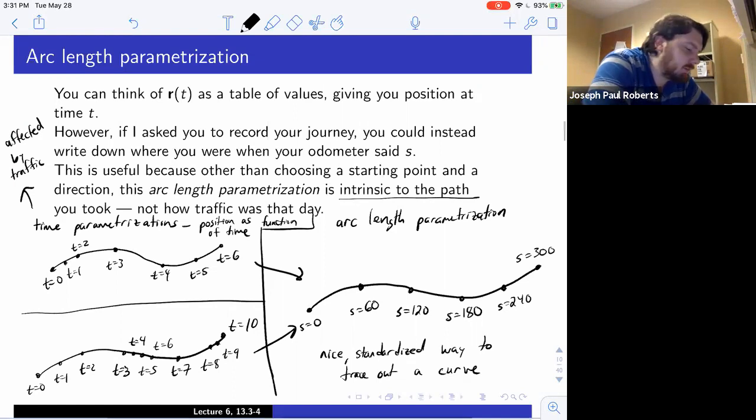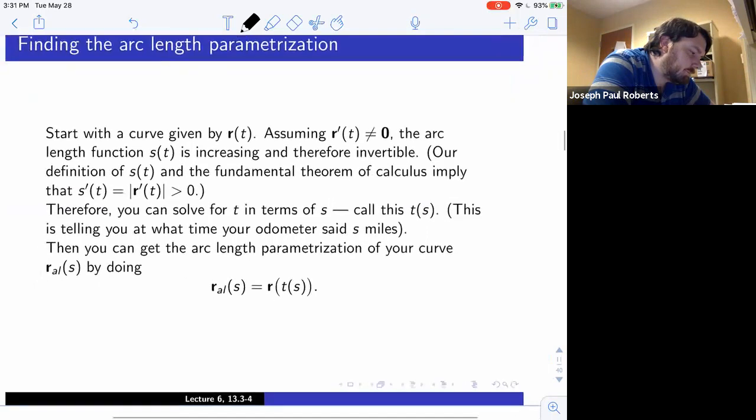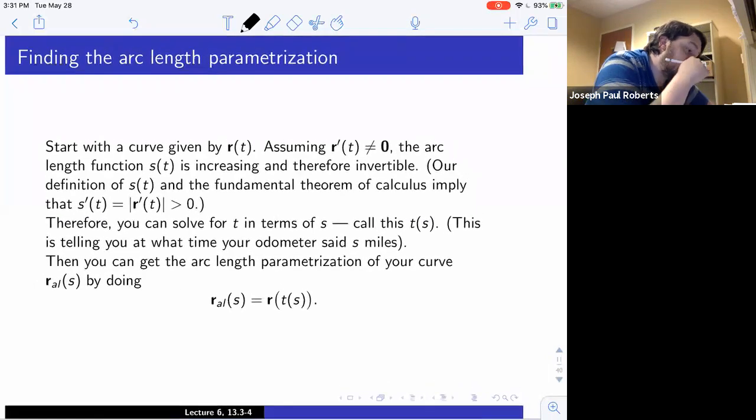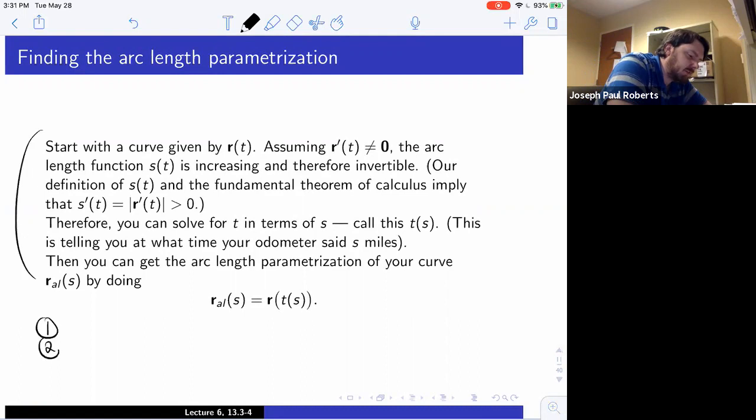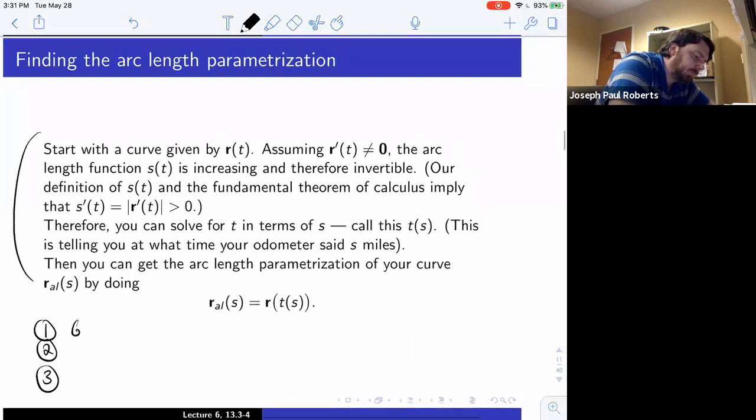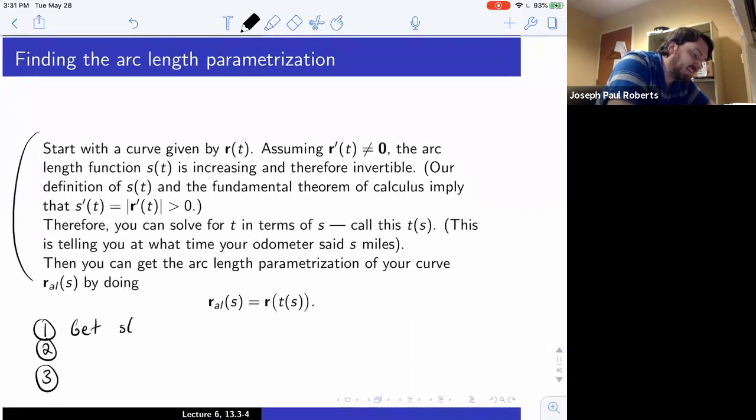Okay, and so as far as getting an arc length parameterization, there's sort of three steps, and I explain them here, but let's just write it in terms of three steps. So step 1 is to get s of t. So get your arc length function for this situation.